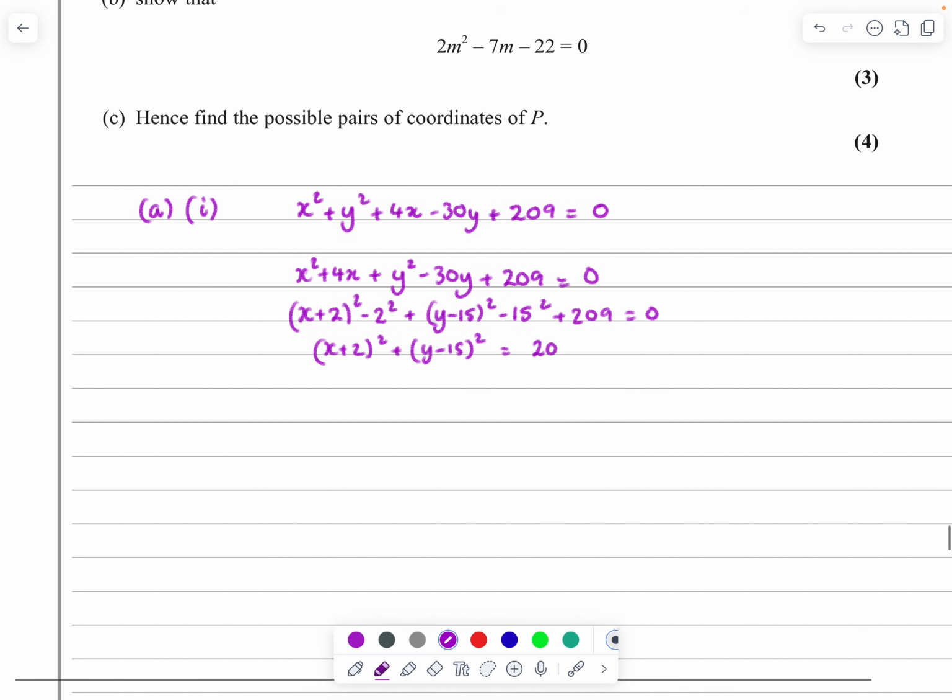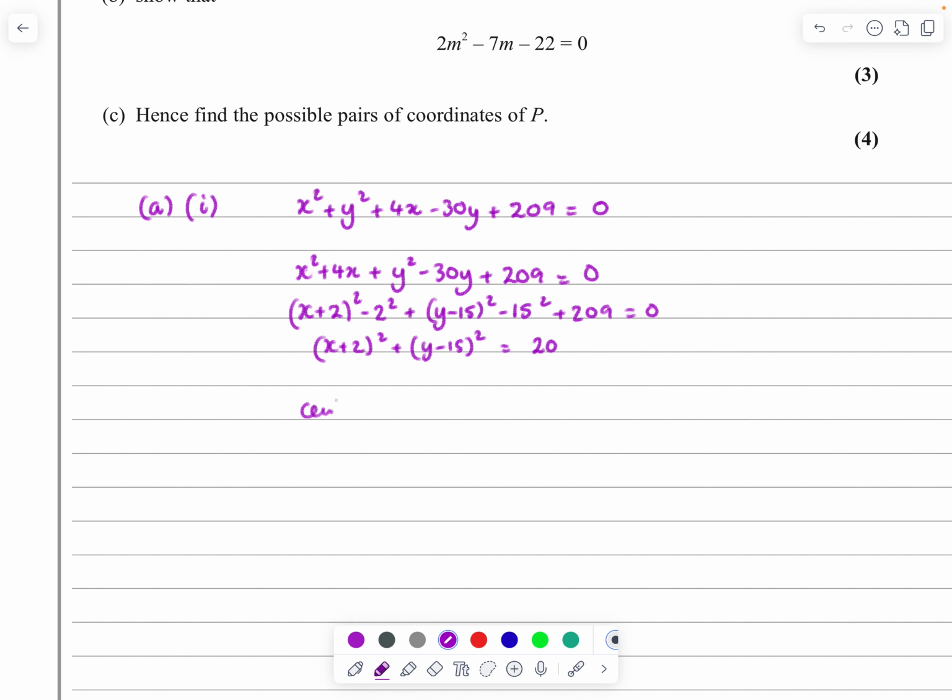So what that then means is now I've got that the center of my circle is minus 2, 15. This is x minus a squared, y minus b squared equals r squared here, isn't it? I'm not going to keep that in there because it's getting in the way of the answer, but that means that a is equal to minus 2, b is equal to 15, and in a minute r is going to be root 20.